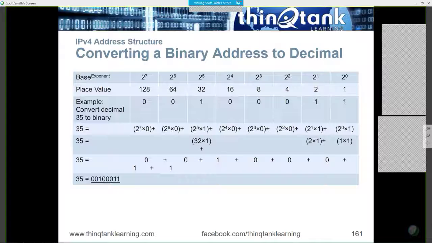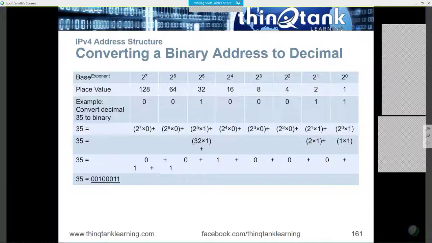When you want to represent a decimal number, you simply turn on the bits that add up to that particular decimal number. So what we see here is the 32 is on, the 2 is on, the 1 is on, so this is equal to 35, right? Because 32 plus 2 plus 1 is equal to 35. Very simple, straightforward process.